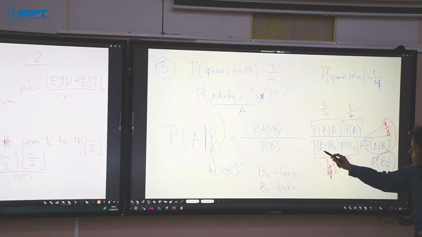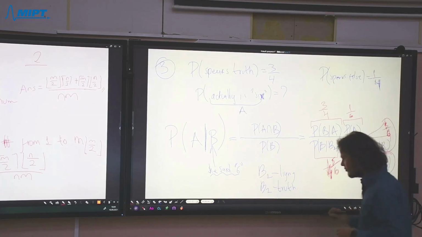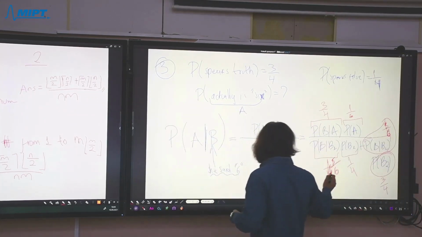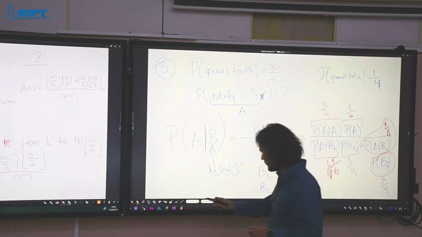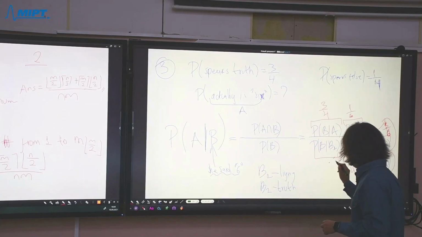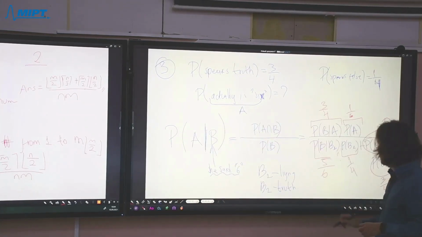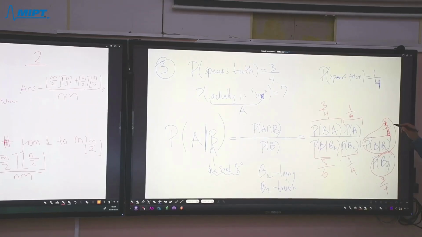The probability of B given B1: B is that he said 6, but he's lying, given that he's lying, right? Five over 6, yes. And here we have 1/6.